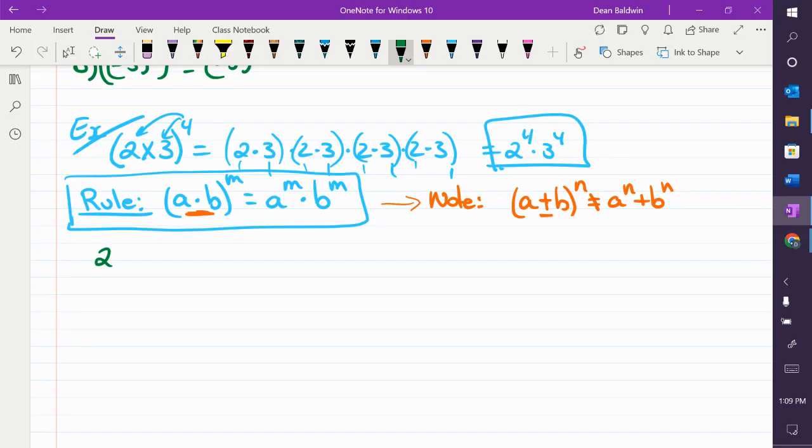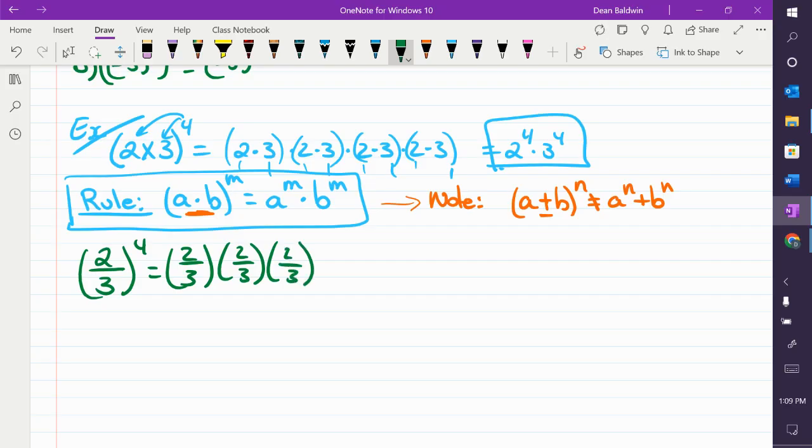What if you have this? 2 over 3 to the power of 4. What does that mean? Exactly. It means 2 over 3 times 2 over 3 times 2 over 3 times 2 over 3.